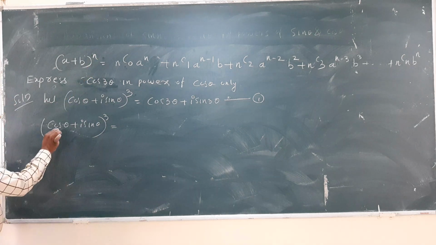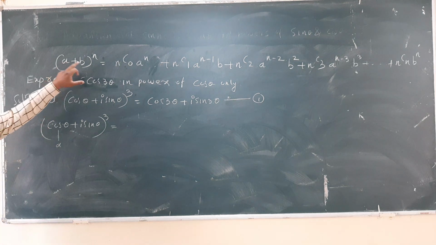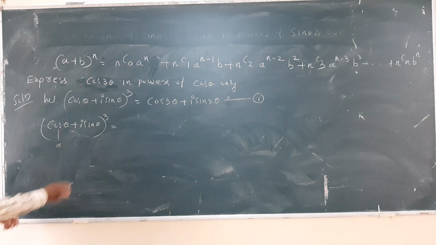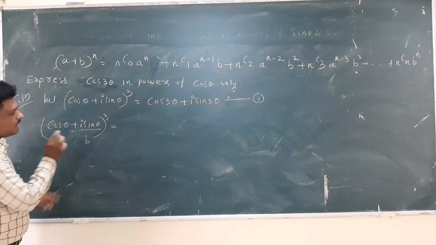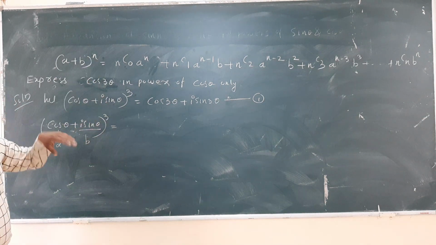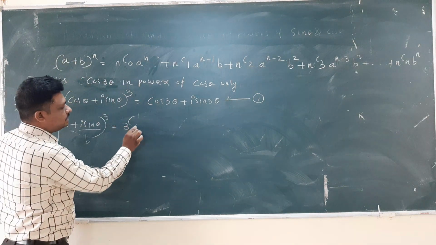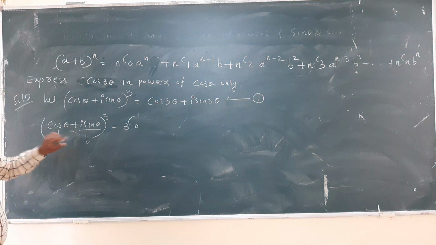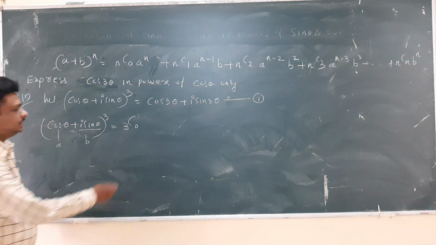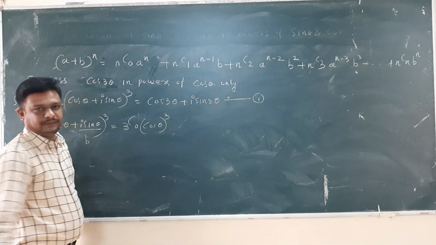Here, compared to (a + b) raised to n, cos theta becomes a, i sin theta becomes b, and n is here 3. Now apply the binomial theorem. The first element is 3C0 a raised to n. What is a here? cos theta. So cos theta raised to 3.